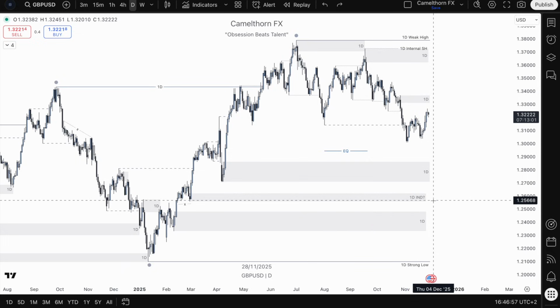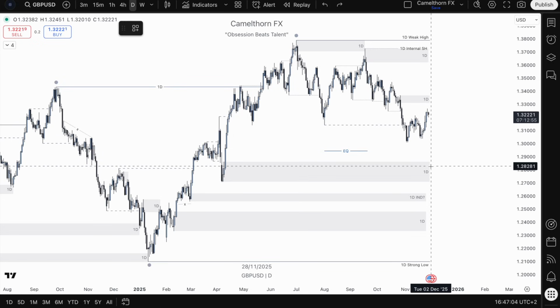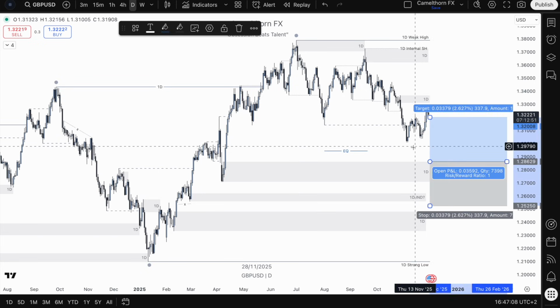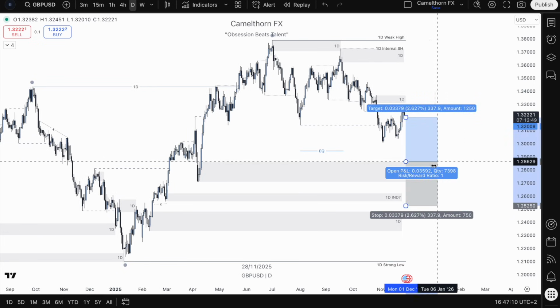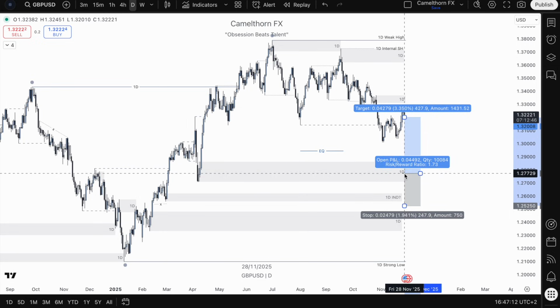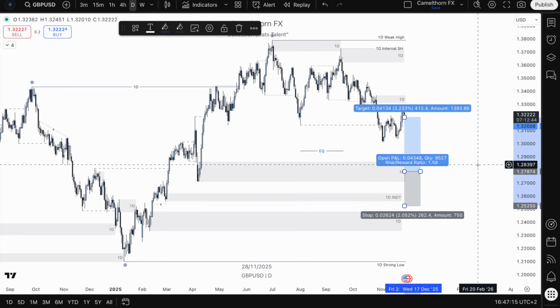Now, obviously here on the daily time frame, we do have the option and the opportunity to trade these daily POIs directly using a buy limit order, by placing our buy limit order either at the open or at the midpoint of the POI. That will obviously mean that we're looking to take a much longer term swing trading approach to trading this particular time frame.